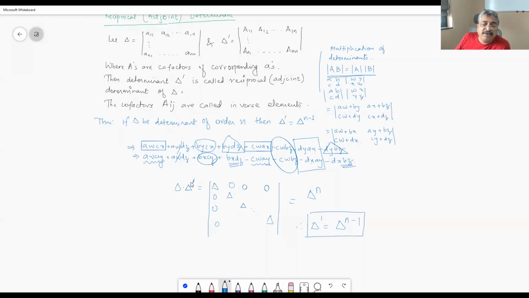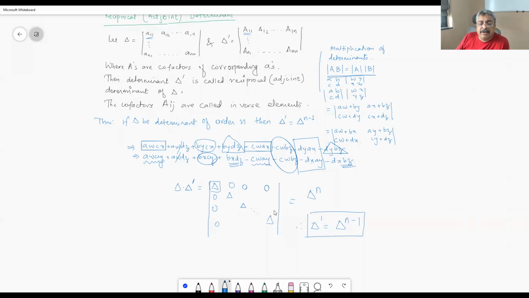Proof: consider delta into delta dash, row into row multiplication. So A11 gets multiplied with capital A11, that produces determinant delta. A11 getting multiplied with capital A12 will be 0 because we have seen two columns are going to be the same.